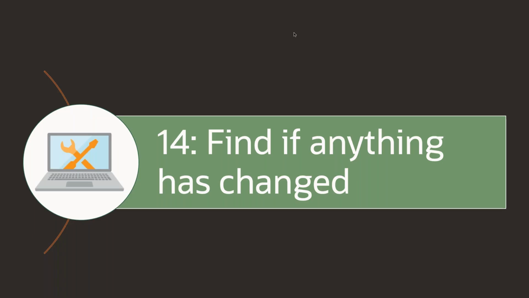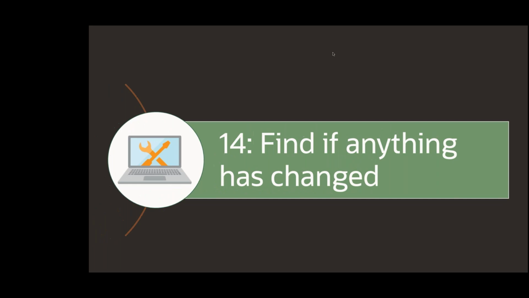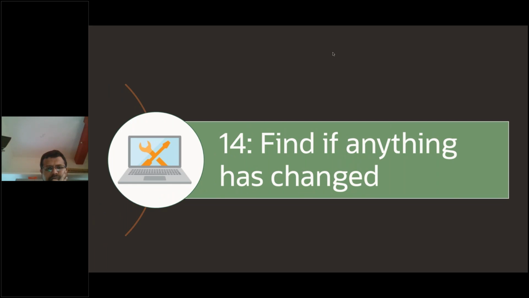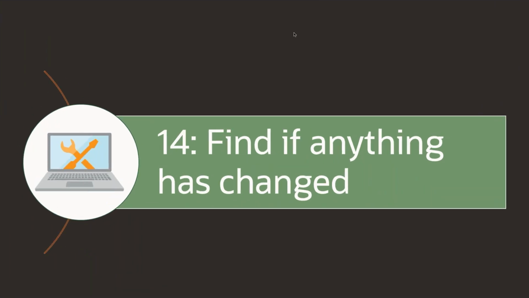Now, this is one of my favorites. Every time there's a problem on a system, the Oracle DBA gets blamed for it if it's an Oracle database problem, because they say it's Oracle that's not working, so it has to be the DBA's fault. So the common question here is, what has changed?